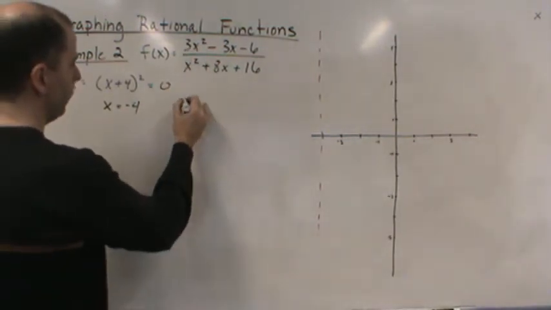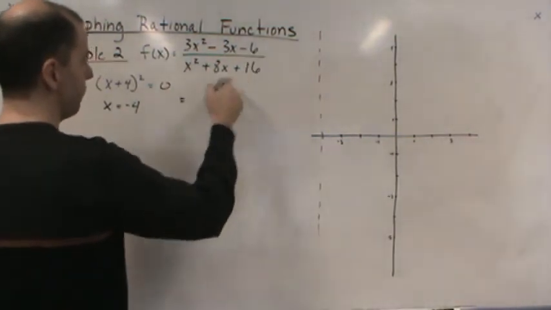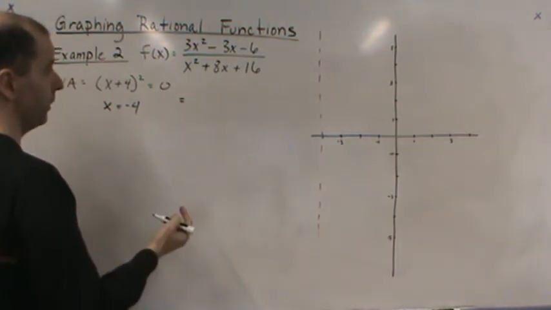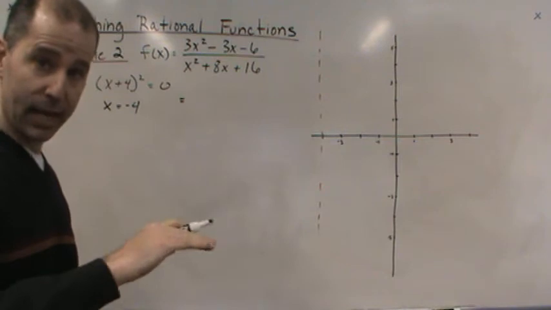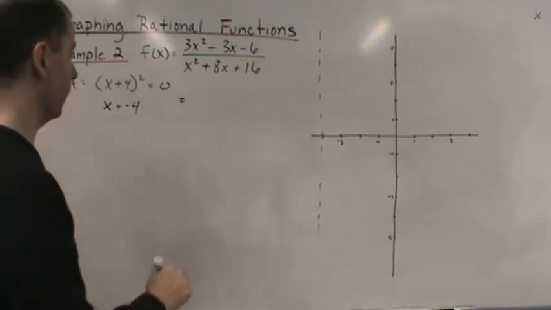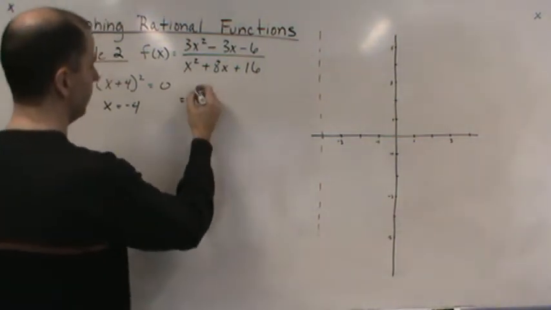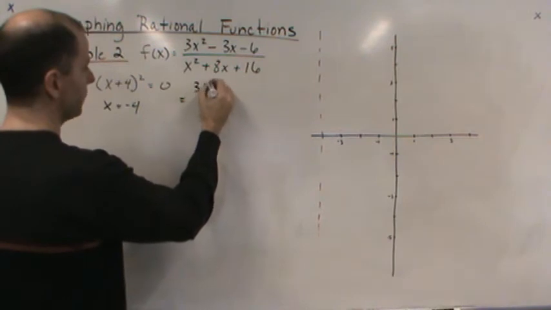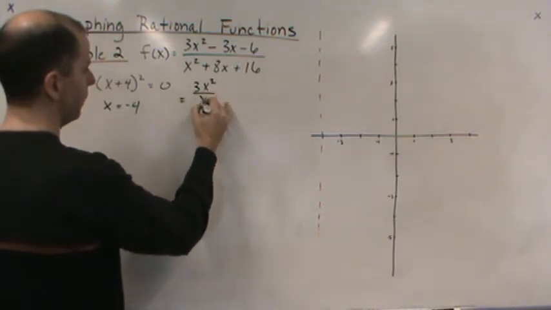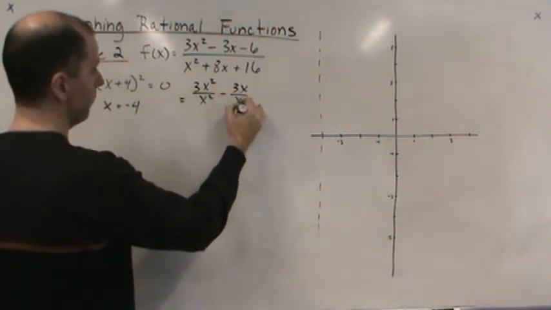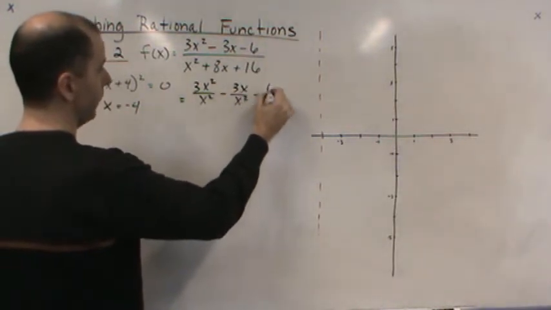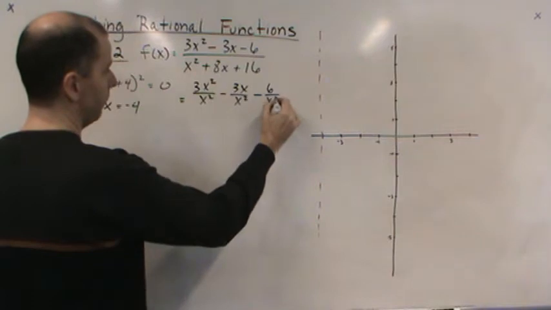So if we rewrite this by dividing the top and the bottom by x squared, we're going to change the way the expression looks, but we're not changing the function. So what happens? We're going to get 3x squared divided by x squared minus 3x divided by x squared minus 6 divided by x squared.